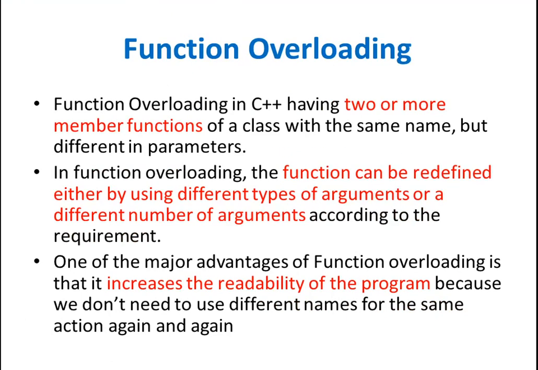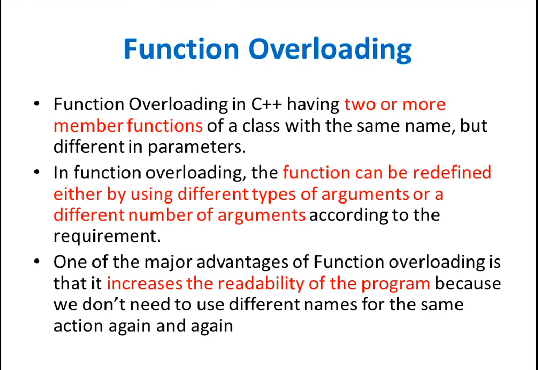Function overloading in C++ means having two or more member functions of a class with the same name, but different in parameters, or we are passing different parameters to the same name function.